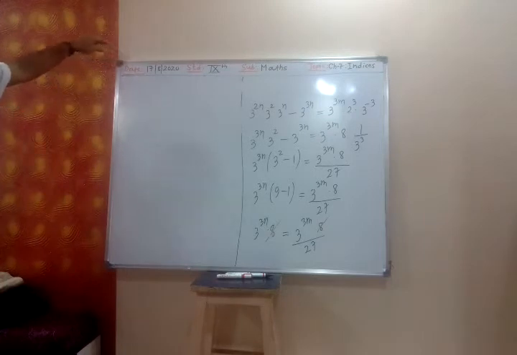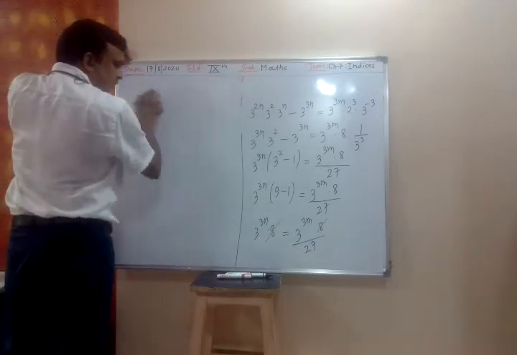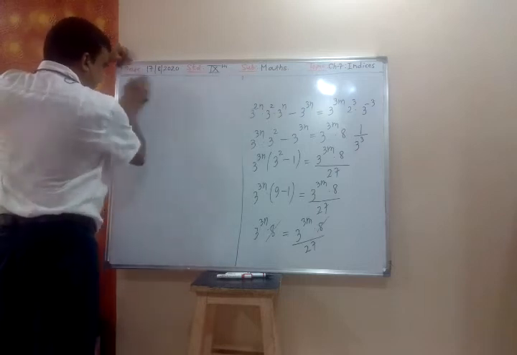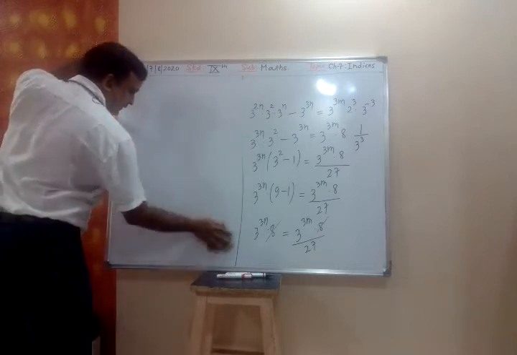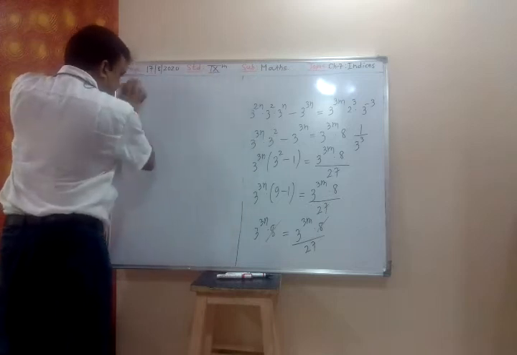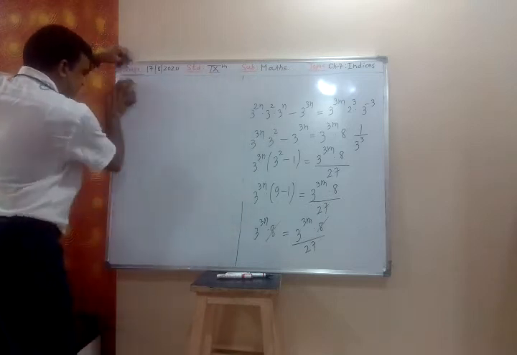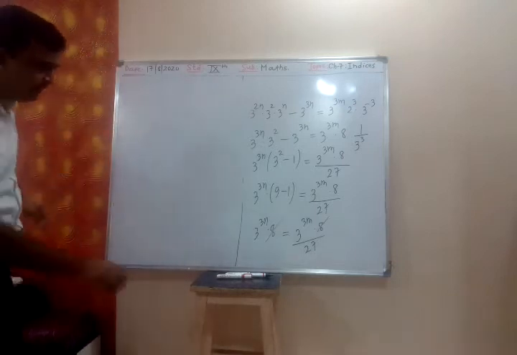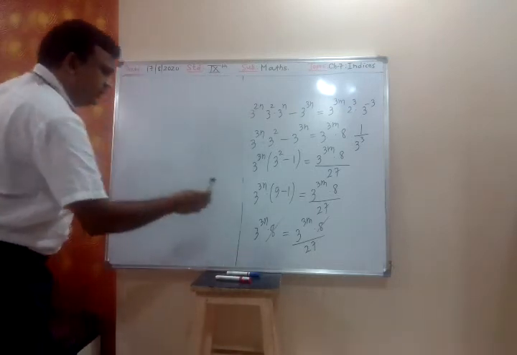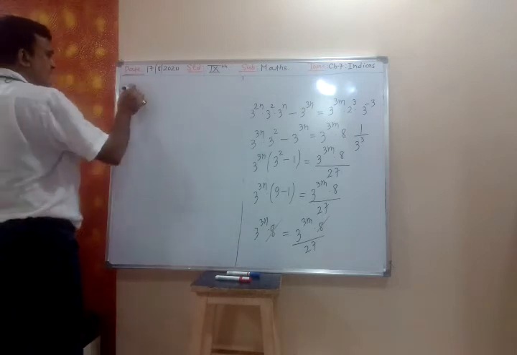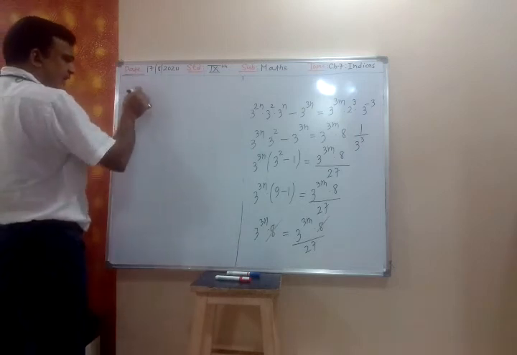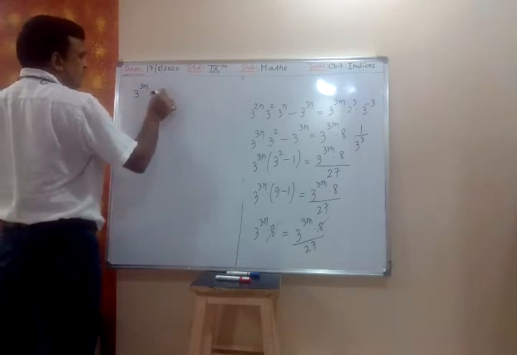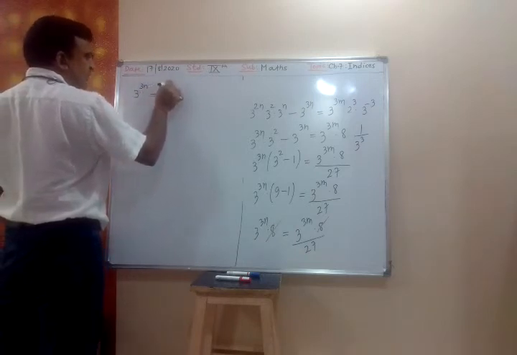Now simplify. So 3 raised to 3n is equal to 3 raised to 3m.